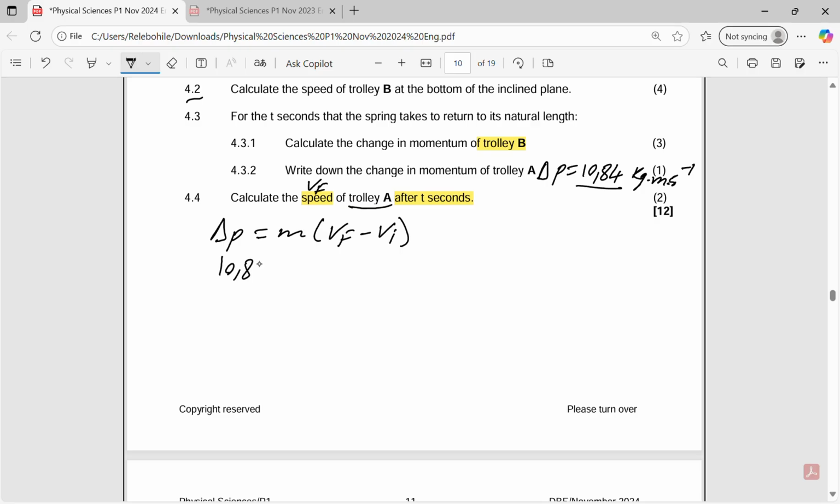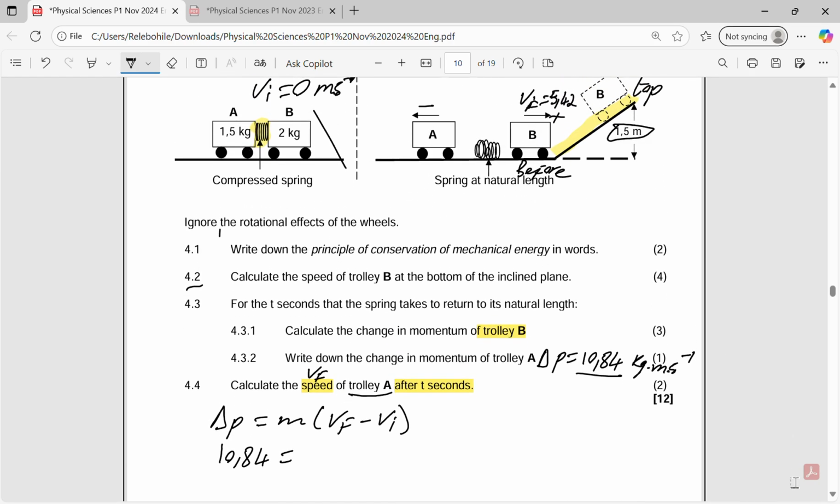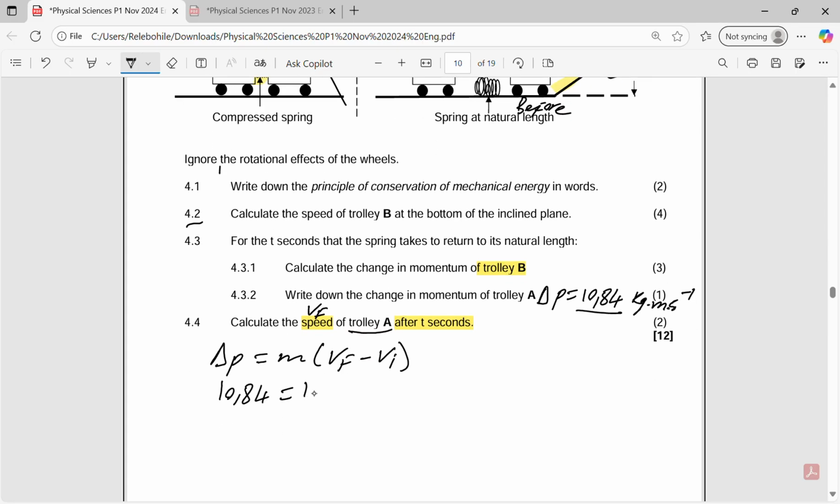We are going to substitute it. 10,84 is equal to, the mass of trolley A is 1,5 kg there, as you can see. So we're just going to put 1,5 there. What about our velocity? Our velocity in this case is what we are looking for, minus our initial velocity, guys. The initial velocity was 0. Then from there we solve for VF. We can just divide by 1,5 on both sides.